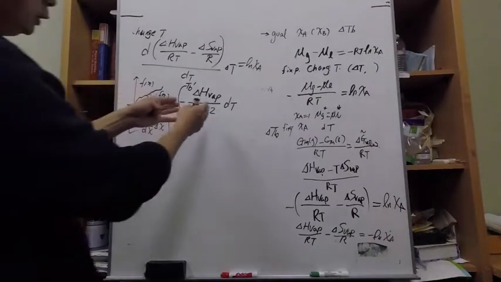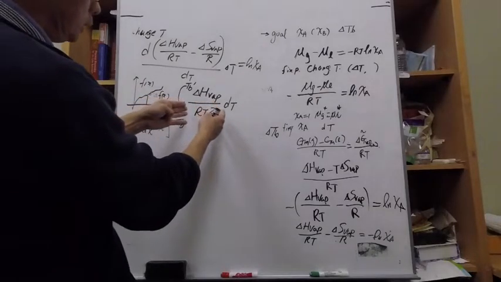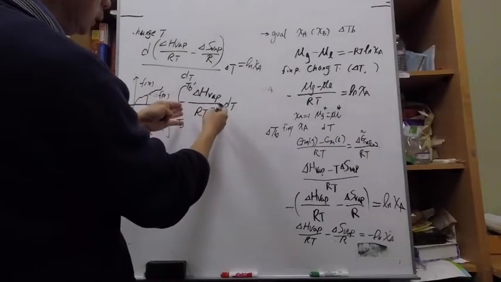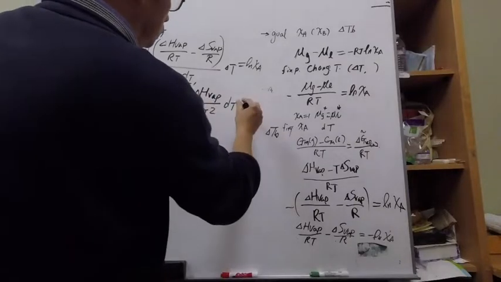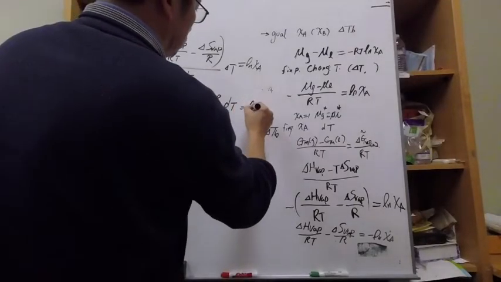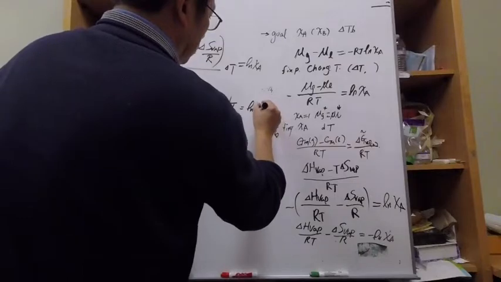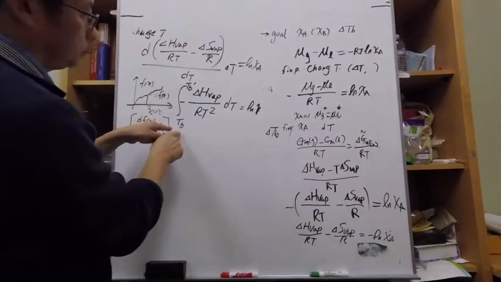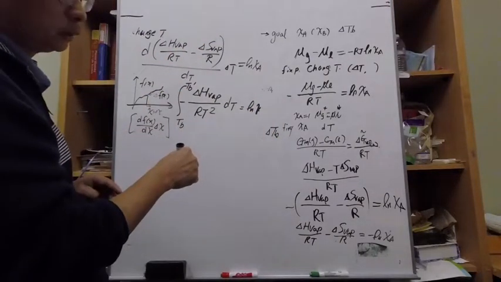So what this integration really will give us is something like the difference of natural log x, because T boiling point means the molar fraction equals 1, right?